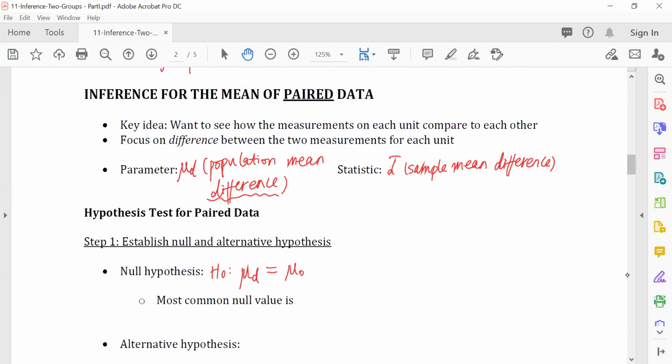Most of the time, we are interested in whether the two measurements from the two groups are different from each other or not. So the most commonly used null value is 0, right? When this is 0, that indicates no difference on average.